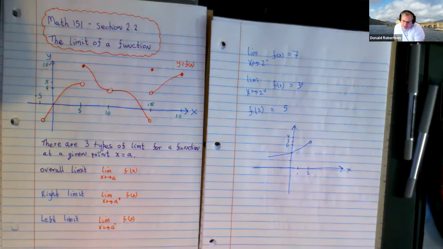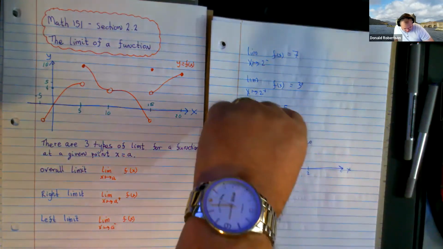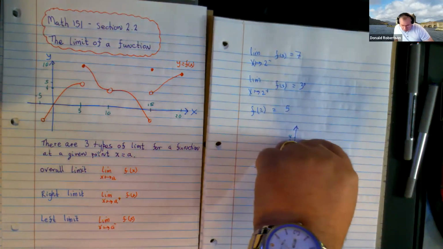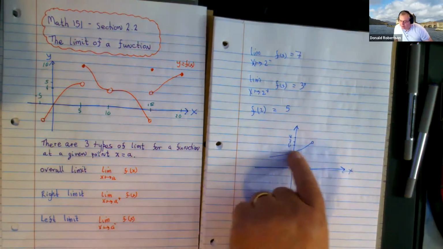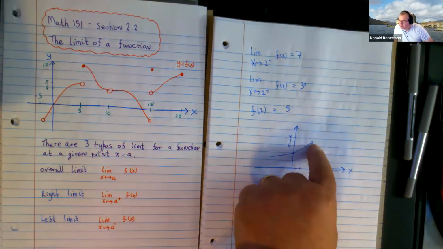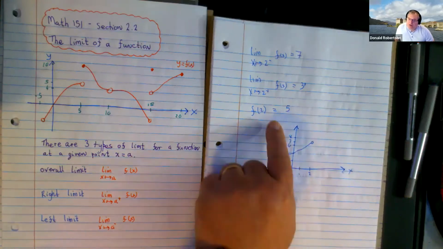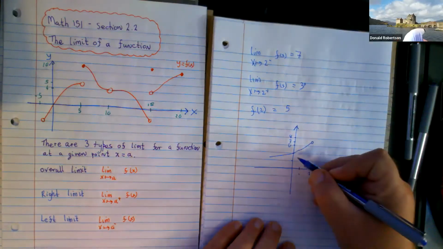Would you agree that represents the limit as x tends to 2 minus is 7, right? Now, is that the only answer? No. Couldn't it come down the way to here? Couldn't it go along this way from here? Couldn't it be steeper? Couldn't it be shallower? But whatever your answer does, won't they all meet here? Now, the right limit is 3, which is about here.